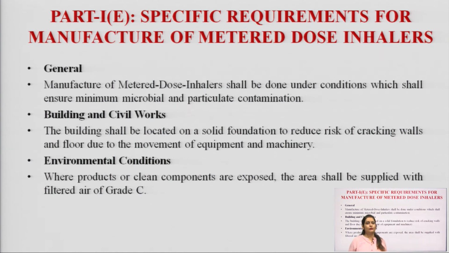The building shall be located on a solid foundation to reduce the risk of cracking of walls and floor due to the movement of equipment and machines involved in metered dose inhalers, because the equipment and machines running during preparation are heavy. In the environmental condition where the product or clean components are exposed, the area shall be supplied with filtered air of grade C.